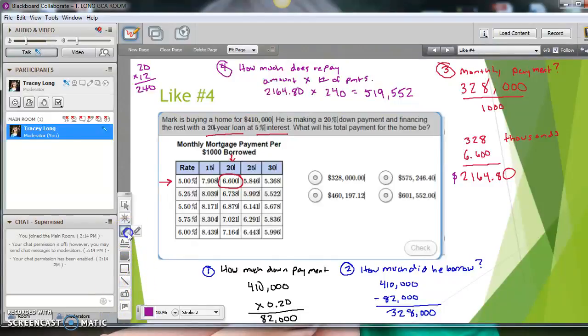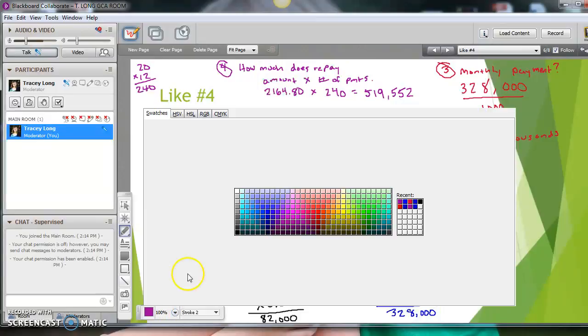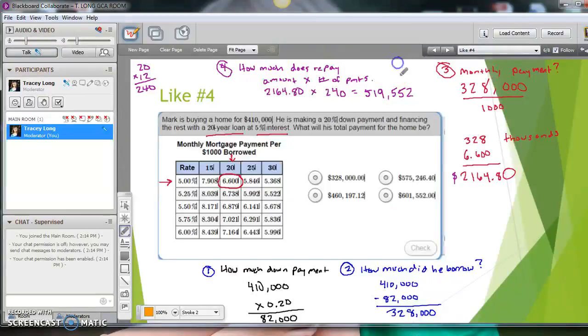And that last step is I have to add his down payment back in to see how much the total cost of the house was. So I'm going to add his down payment back in. I'm trying to look for a color I haven't used yet. How about blue, red, purple? How about some orange? All right, so now I'm going to add that to his down payment, which was $82,000.